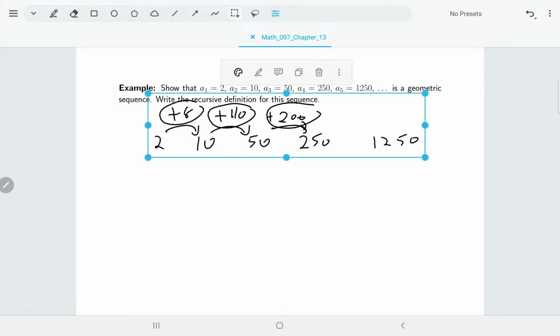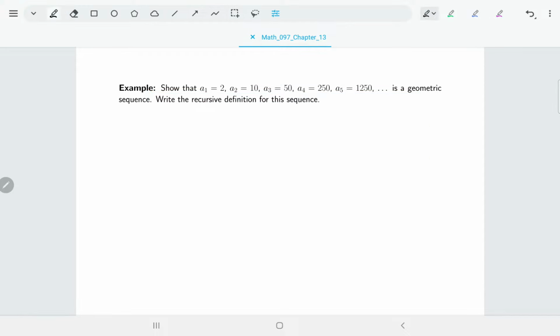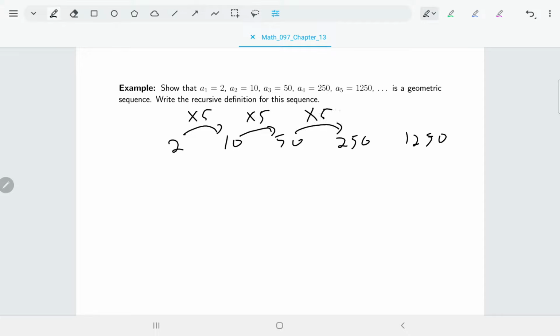On the other hand, you might notice that you do go up by the same amount by multiplication, that 2, 10, 50, 250, and 1250, you go up by multiplying by 5 each time. 2 times 5 gives you 10, times 5 again gives you 50, times 5 again gives you 250, and times 5 again gives you 1250.